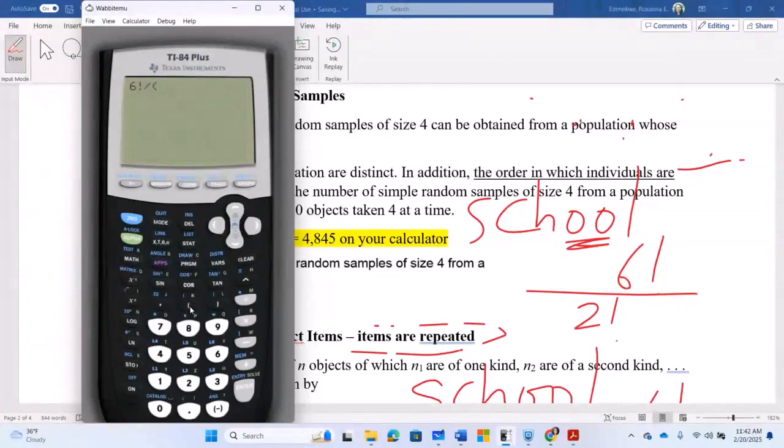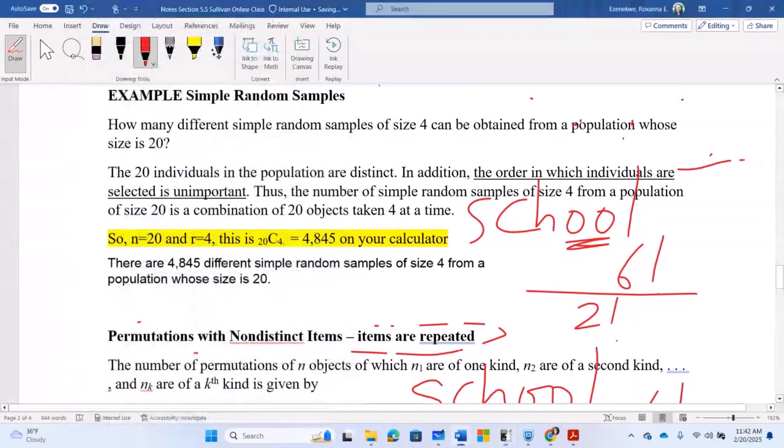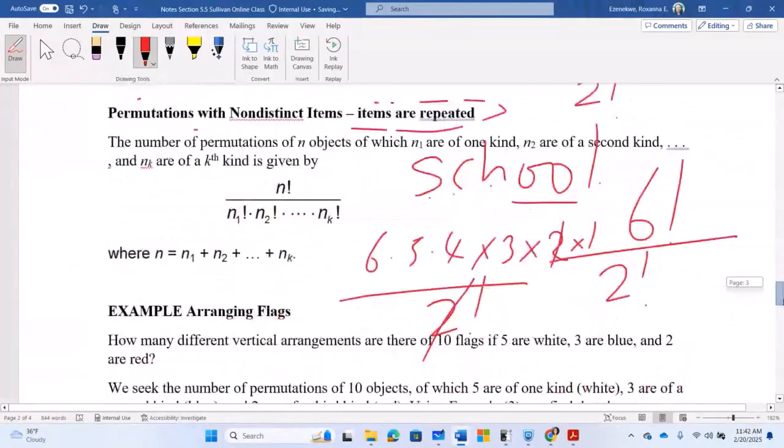Whenever factorial is in the denominator, you really want to use parentheses. 2 factorial, go to math, arrow to PRB, get factorial, and close parentheses. When I hit enter, my answer is there are 360 different ways I can arrange the word school, non-distinct objects.